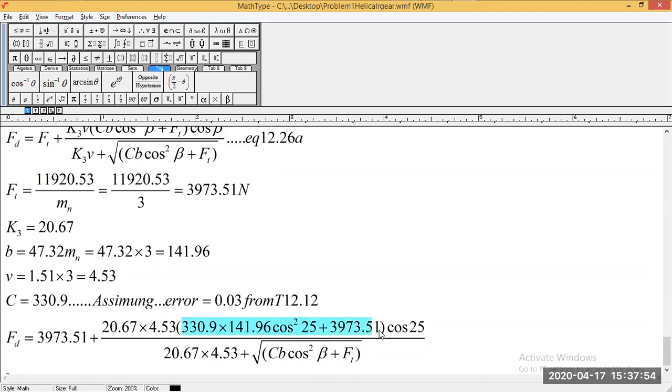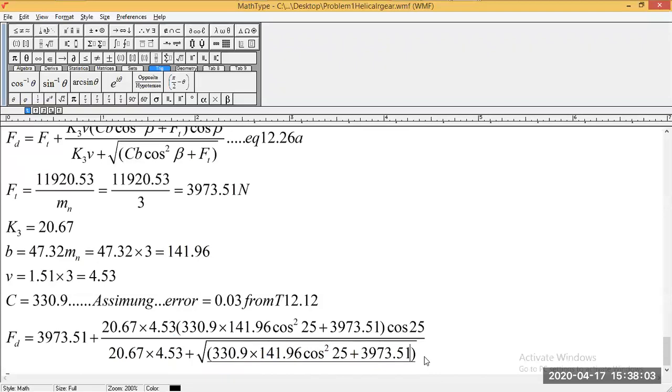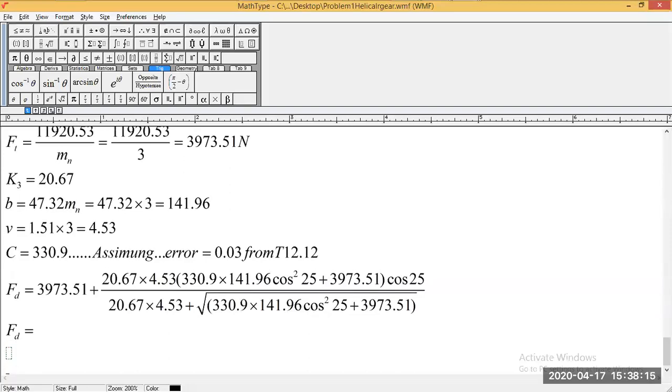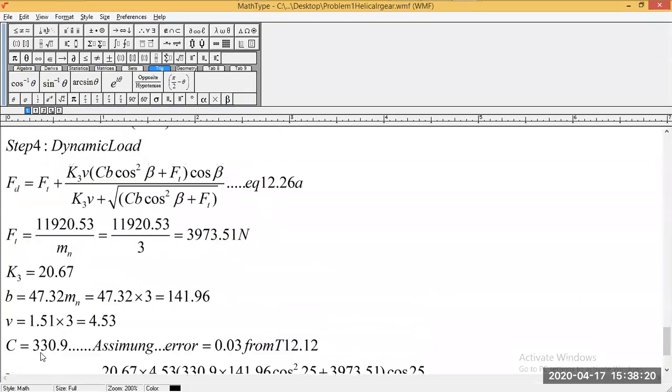And I think you can put the whole thing here. So the procedure matters, not the final answer. Calculate this and find the values. Meanwhile, I'll move to the next step. So FD, calculate using this set of formulas given.